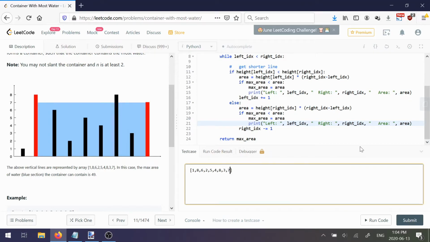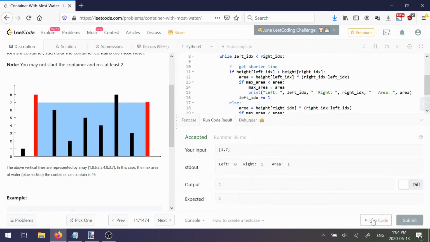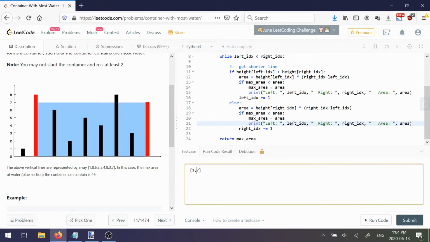Now let's try out some other cases. If there's only 2 lines, we do get the area for only those 2 lines. So that's good. And we can increase it to 3 lines, where the lines corresponding to the maximum area are inside.